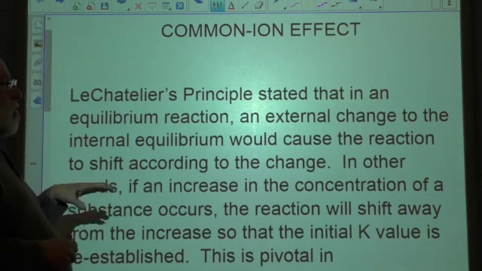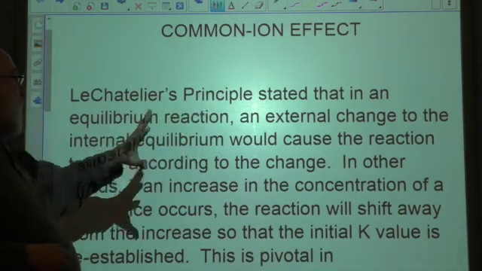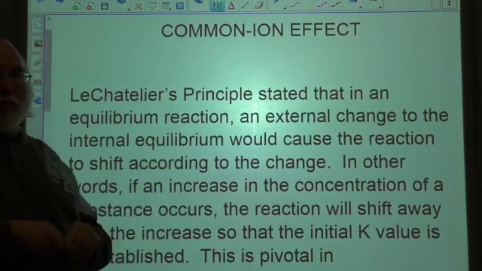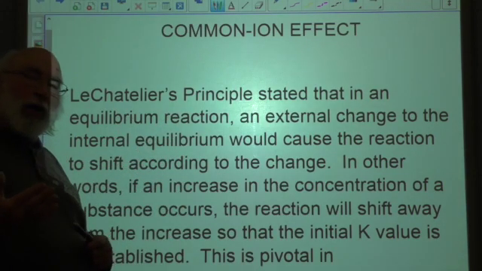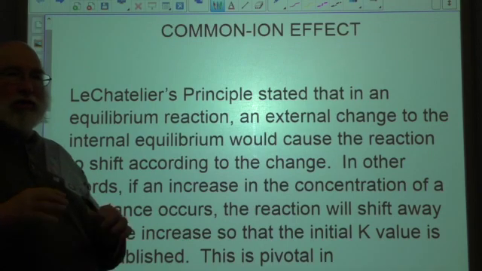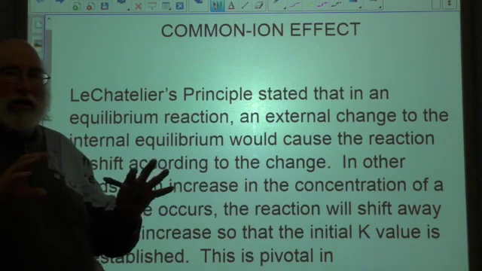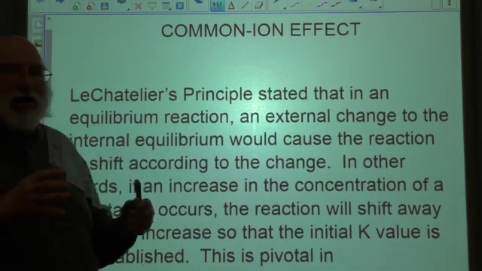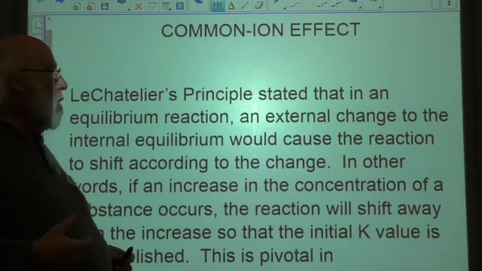So to understand the common ion effect, we have to remember Le Chatelier's principle. And we talked about Le Chatelier's principle when we were dealing with equilibrium reactions. Basically an equilibrium reaction is like its own entity, its own system, its own way of fixing things that disrupt it.